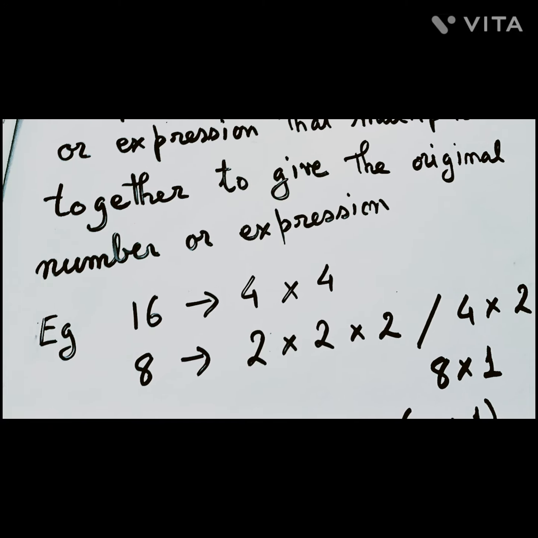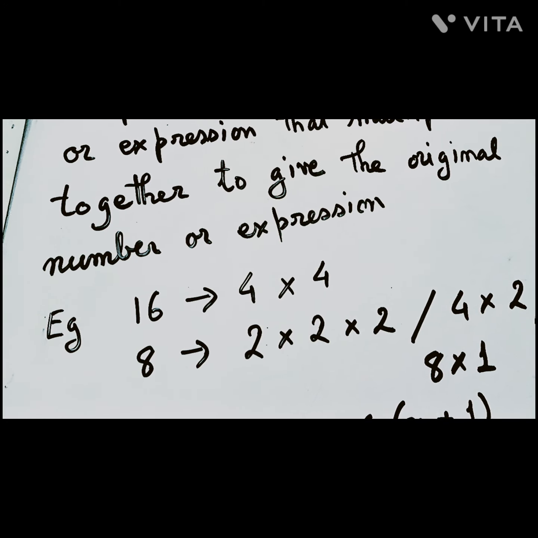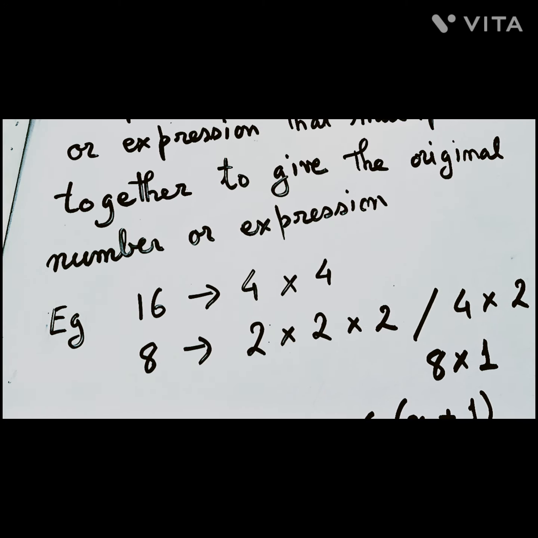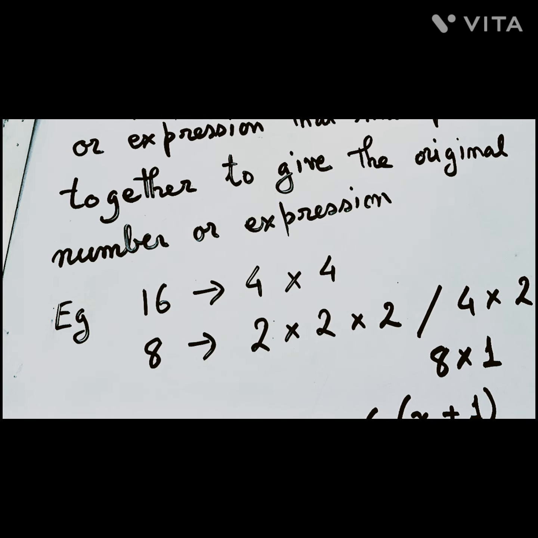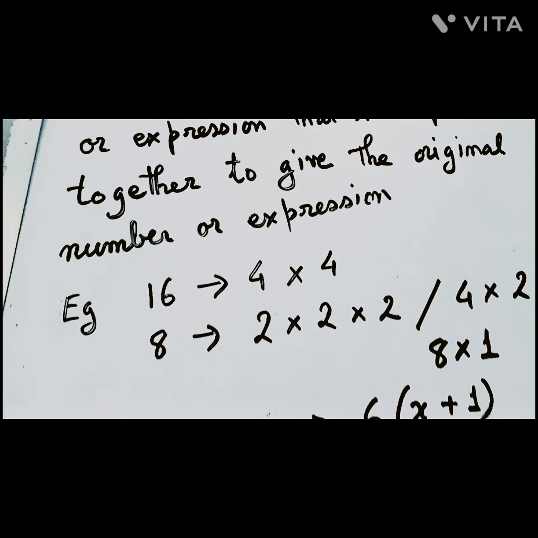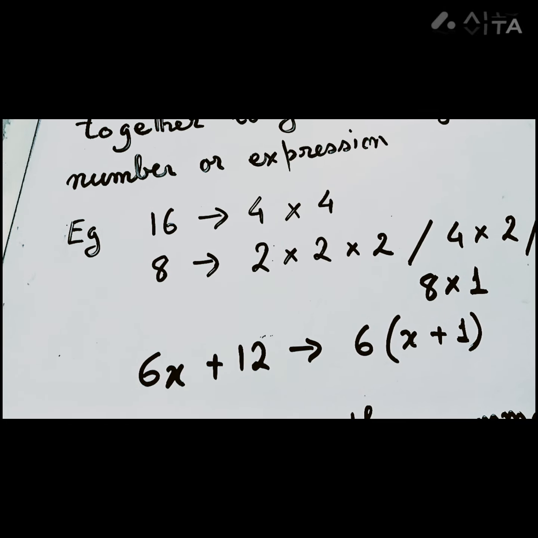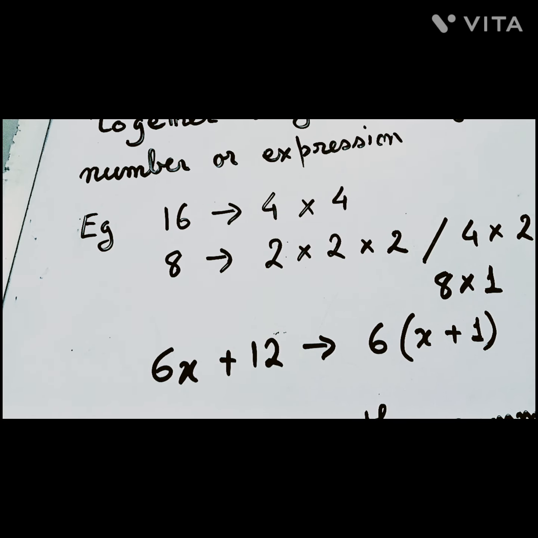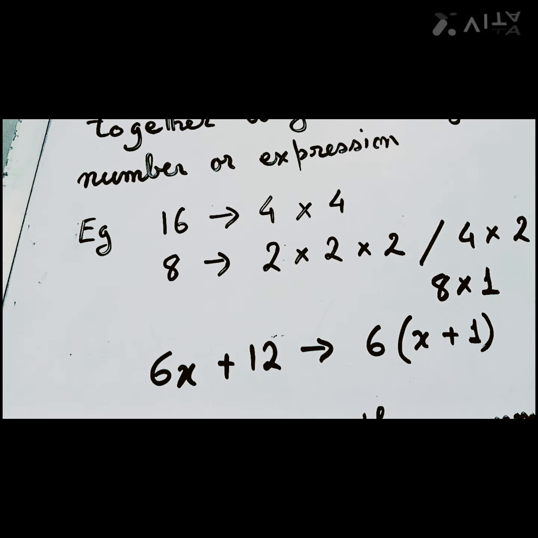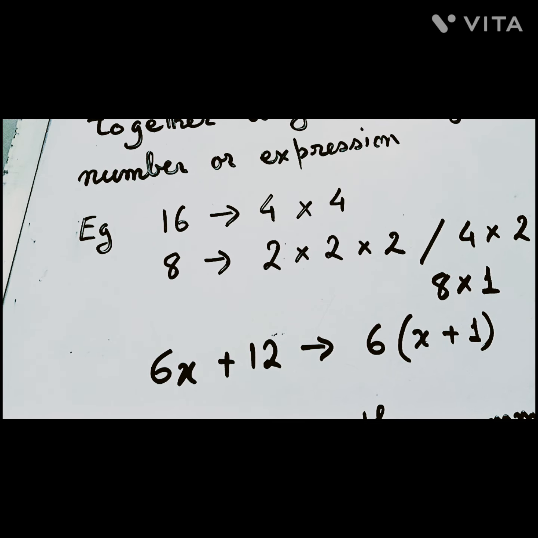Similarly, 8 can be written as 2 into 2 into 2, or 4 into 2, or 8 into 1. So 8, 1, 4, 2 are all the factors of 8. 6x plus 12 can be written as 6 bracket open x plus 2 bracket close.